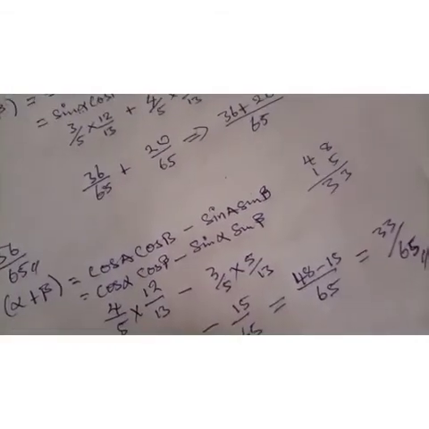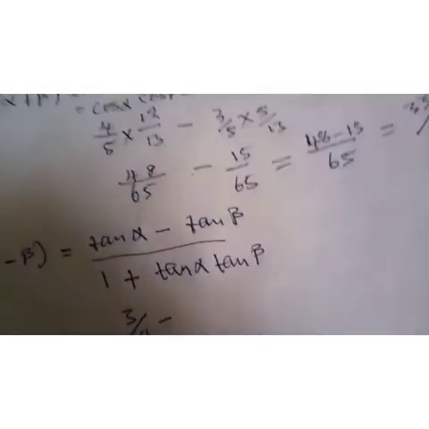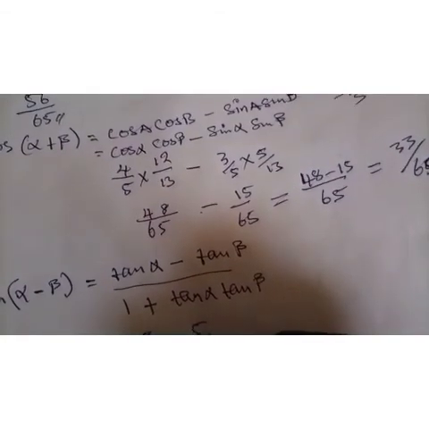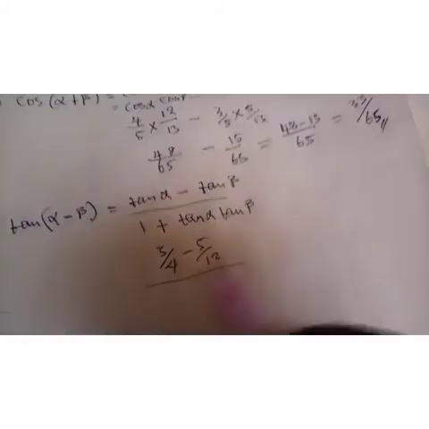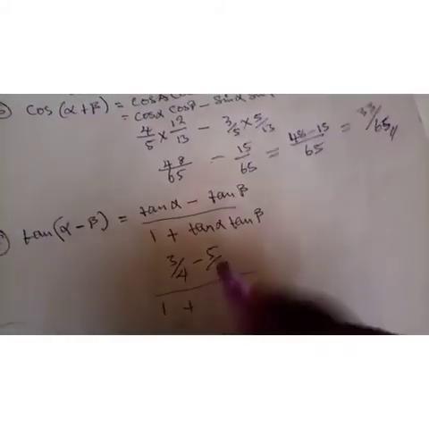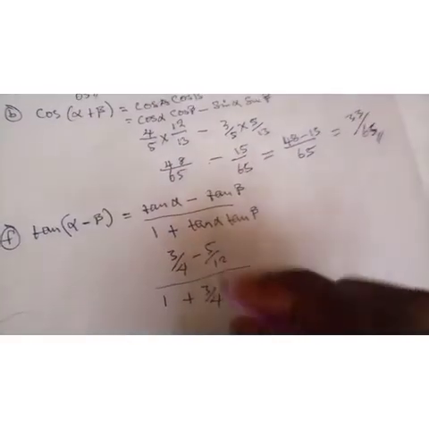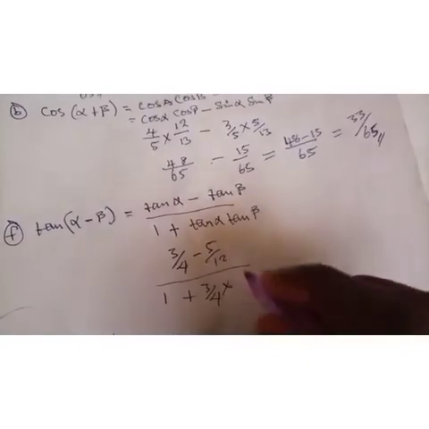So here will be 3 over 4 minus tan beta, which is given in the question as 5 over 12. Then 1 plus 3 over 4 times 5 over 12.